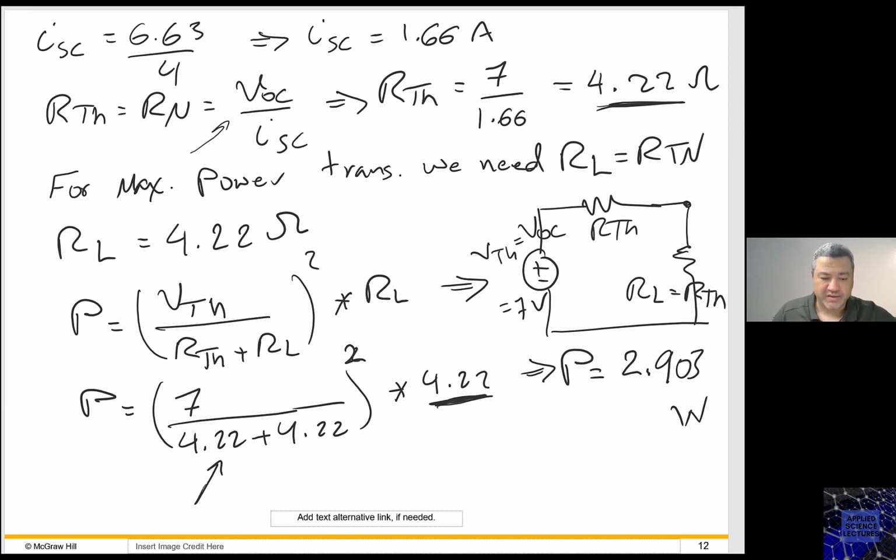Actually, sir. Yes. So to find R Norton or R Thevenin, you have to essentially break a circuit up into two different forms, one of an open circuit and one of a short circuit. That's correct. This is using the general method. This is if you have dependent and independent sources. But if you have only independent sources, you just need to find the V open circuit for Thevenin and then switch off those independent sources and find R Thevenin by looking from the output.